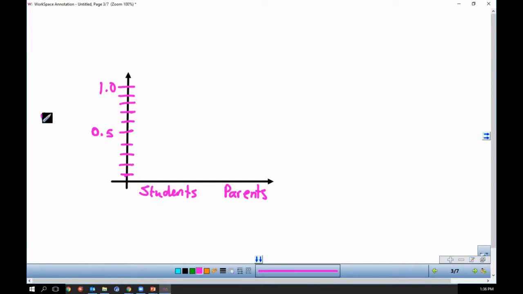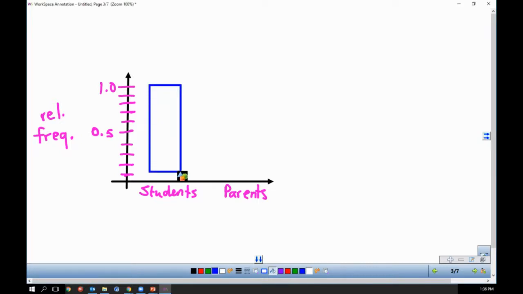This will be, again, our relative frequencies. Now we need to draw a bar that goes all the way up to 100%, or 1, I should say, for both of them.